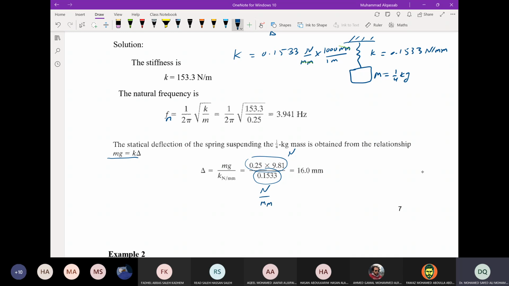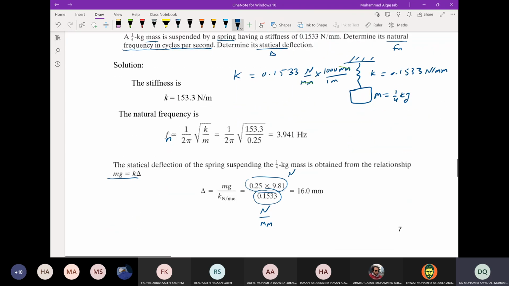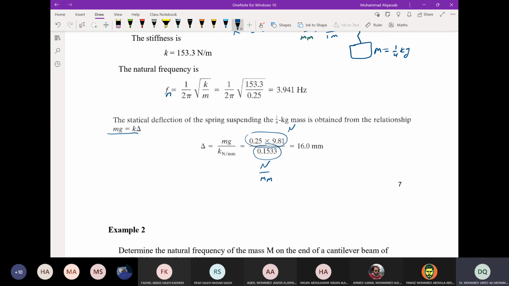Then you get the answer in millimeter, 16 millimeter. You can substitute for 153.3, then delta becomes in meter, and then you can do the conversion to find it in millimeter. The question did not ask about the unit for delta, so you can find it in meter as well. There is no problem. So 16 millimeter, which is 1.5 centimeter.